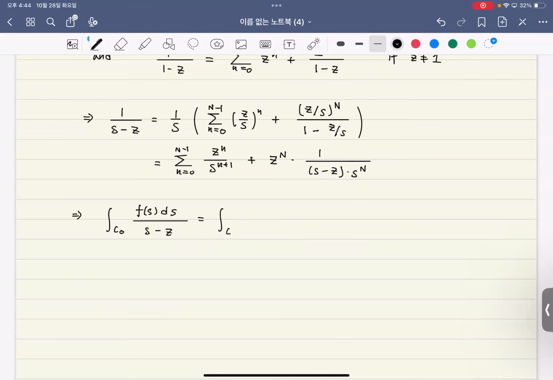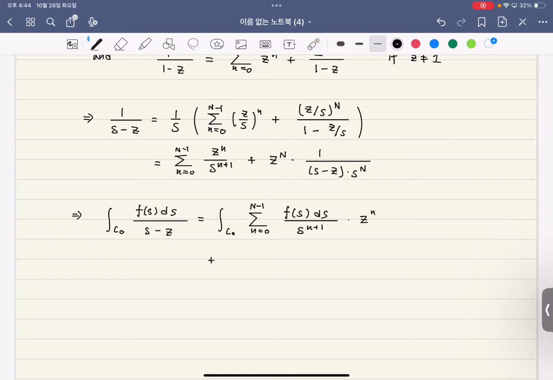So the integral over C0 of the summation from n equals 0 to n minus 1 of f(s) ds over s^(n+1) times z^n. Since z has nothing to do with variable s, it is safe to take it out of this integration.